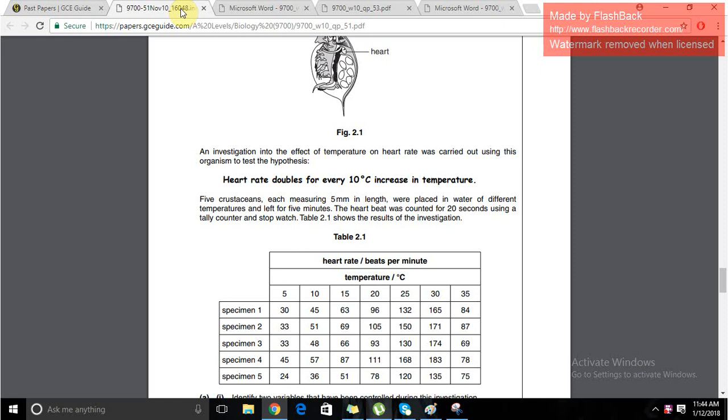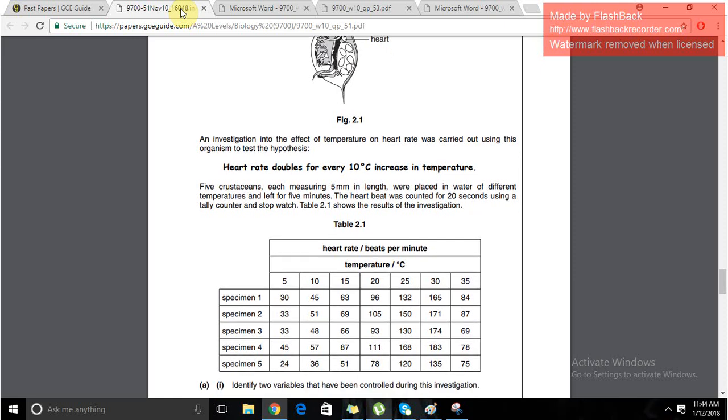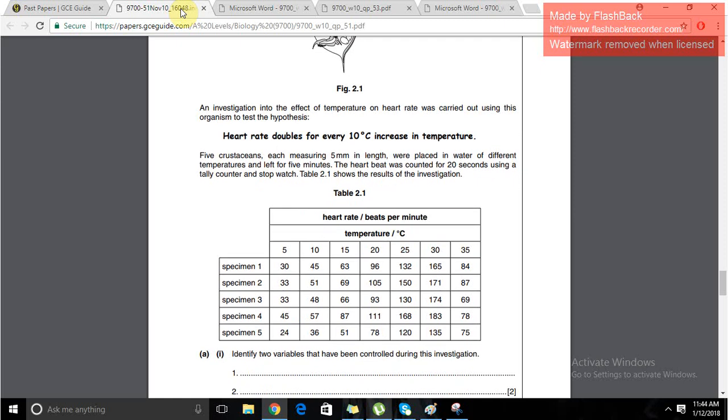So 5 crustaceans, each measuring 5 millimeters in length, were placed in water of different temperatures and left for 5 minutes. Heartbeat was counted for 20 seconds using a tally counter and stopwatch. Table 2.1 shows the result of the investigation.